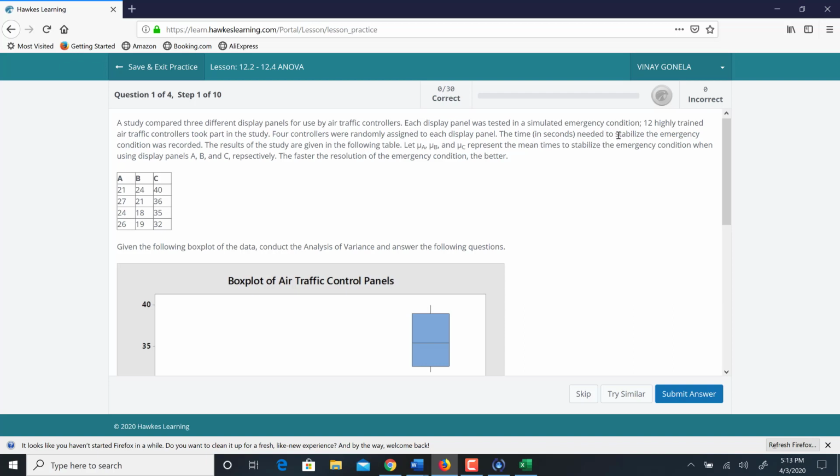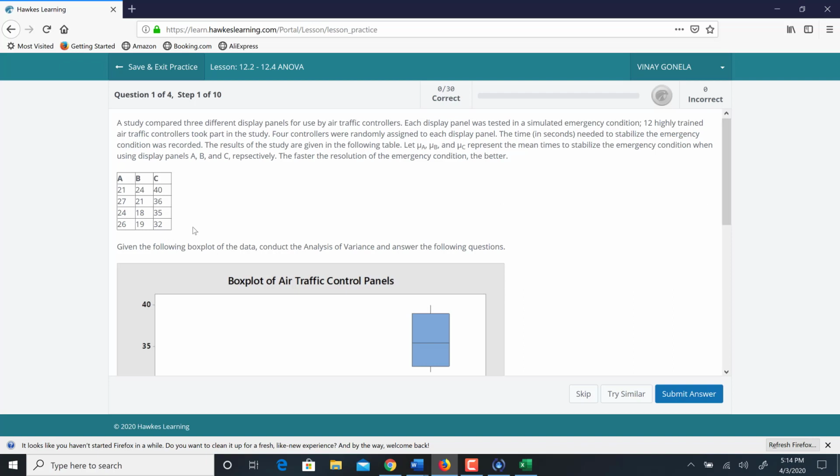The time needed to stabilize the emergency condition was recorded. The results of the study are given in the following table. Let mu A, mu B, mu C represent the mean times to stabilize the emergency condition when using display panels A, B and C respectively. The faster the resolution, the better.